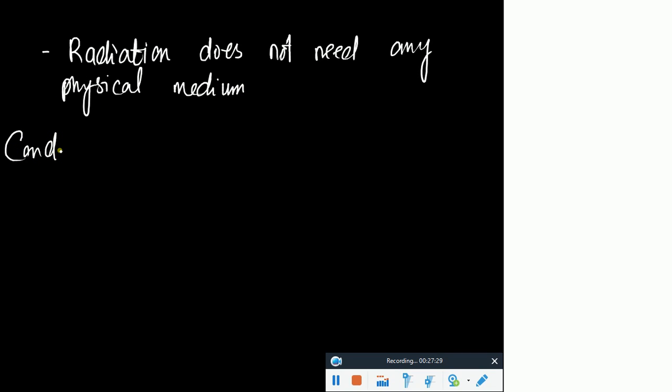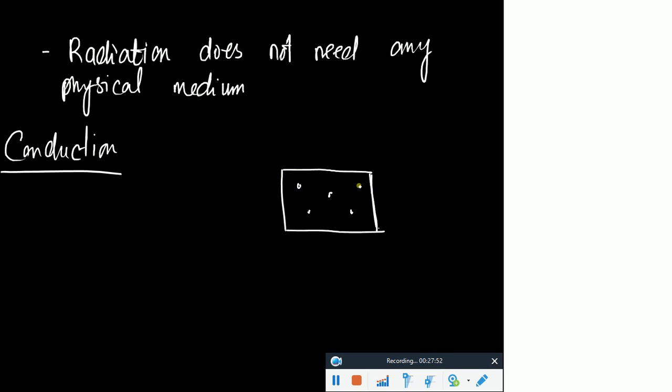So if I just look at conduction, generally conduction occurs in only one type of medium. For example, this is a block, and these are a few different molecules over there.